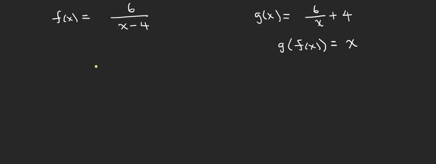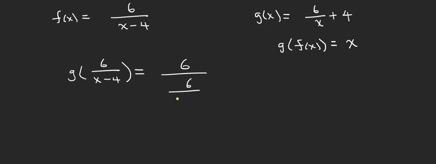So now we need to work on g of f of x, which is 6 over x minus 4. So now instead of x, we need to substitute 6 over x minus 4 instead of that x. So 6 over x minus 4 plus 4. So what is that now?